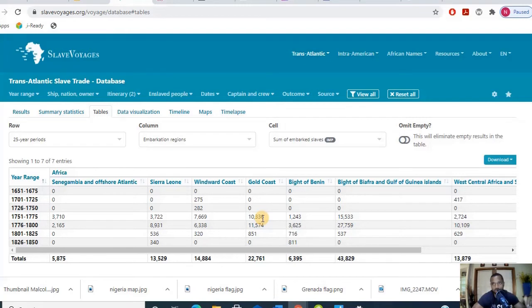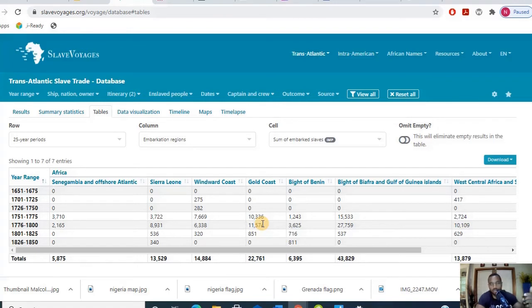That's a large number, considering all the different regions there are and all the ways they could be divided. 19% is pretty significant. 36% is very significant. Some places like Dominica have, I think, about 60% of all Africans coming from the Bight of Biafra, which is huge. That means a strictly Igbo culture coming out of Dominica.